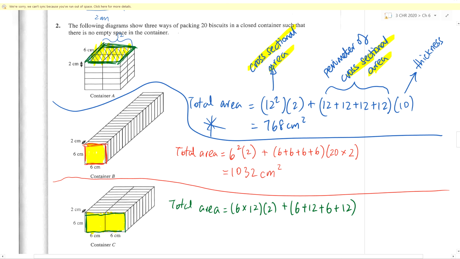One piece over here, 2 centimeters thick. How many do I have altogether? 10. Okay, you can go and count all of them, or you can take 20 biscuits divided by 2 in front, so we have 10 of them stacked up. So there are 10 biscuits multiplied by 2 cm. 10 times 2. So this is our thickness.